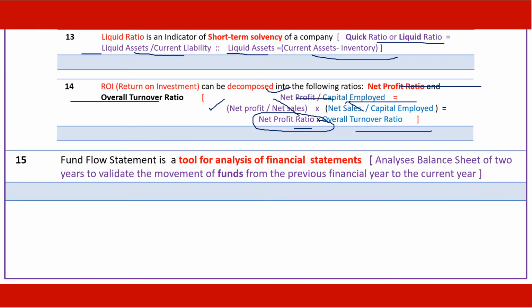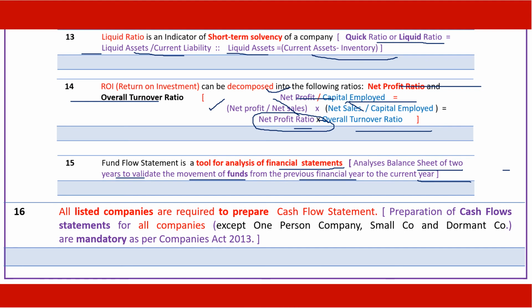Funds flow statement is a tool for analysis of financial statements. It analyzes balance sheet. Funds flow analyzes balance sheet of 2 years to validate the movement of funds from previous financial year to the current financial year. All listed companies are required to prepare cash flow statement.